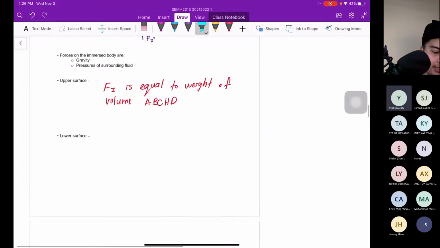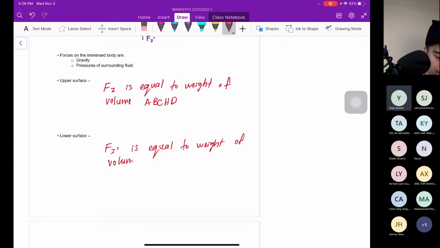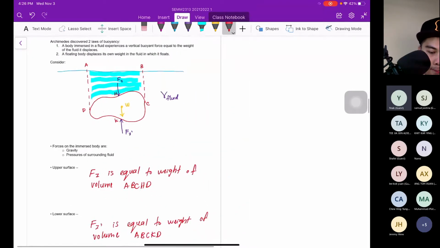For the lower surface, Fz prime is equal to the weight of the volume A, B, C, K, D. Where is it?